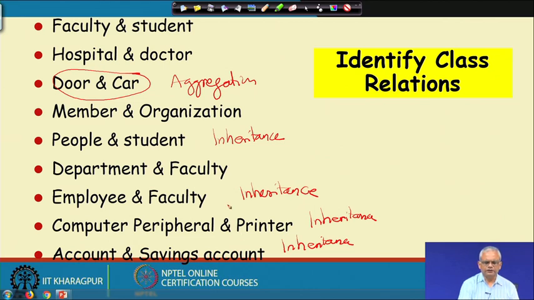So, given 2 classes, we should be able to identify what is the relationship that exists between them, whether it is an association, aggregation, or composition. Actually, door and car is a composition relationship, because a door is permanently attached to a car. So, we can write that as a composition relationship.